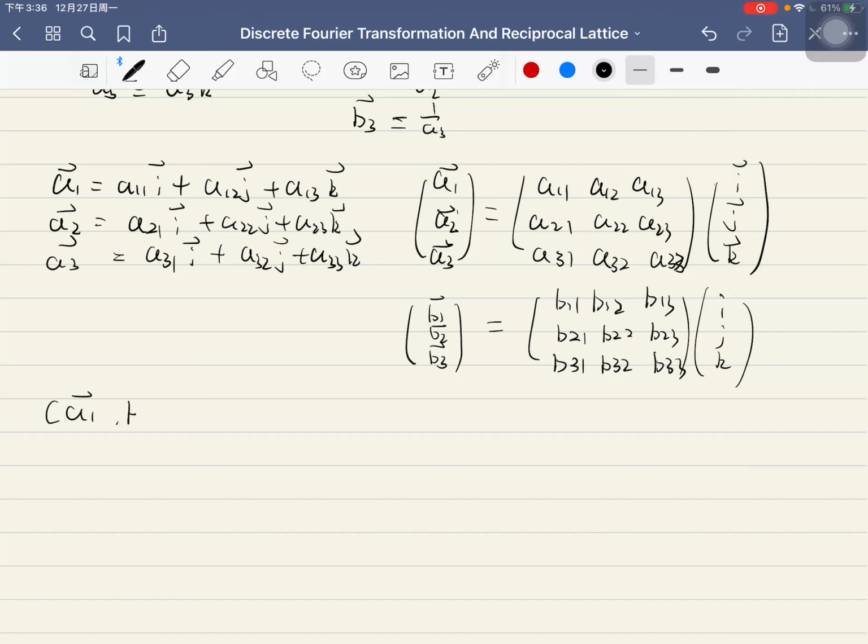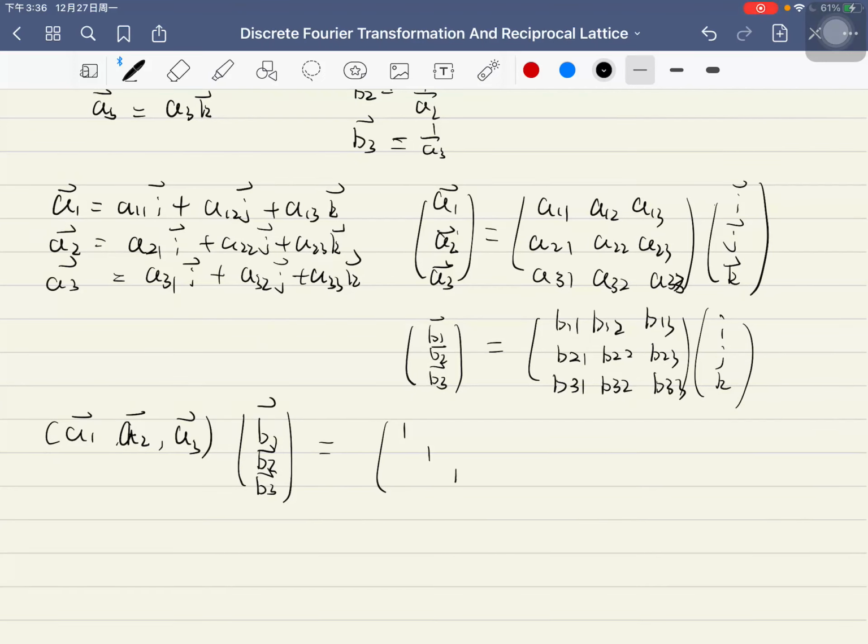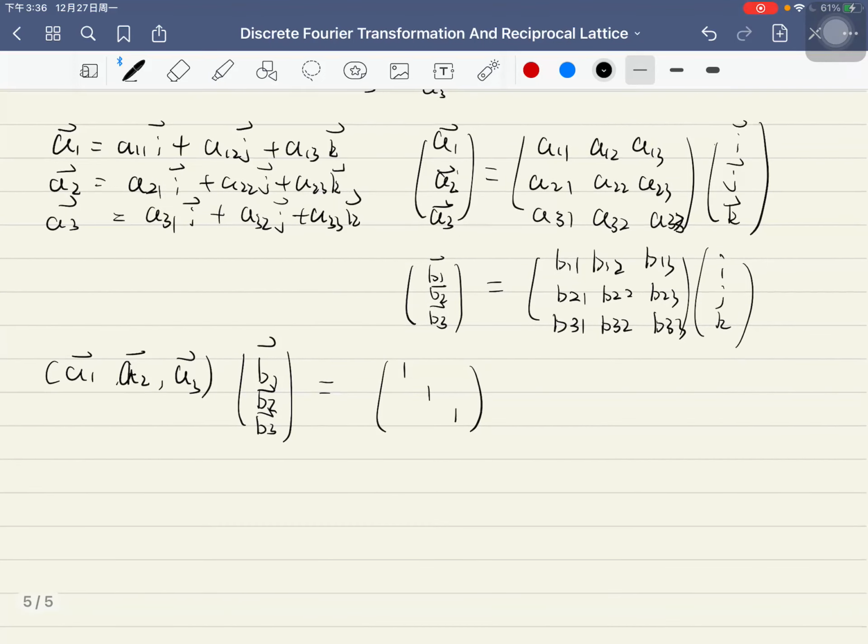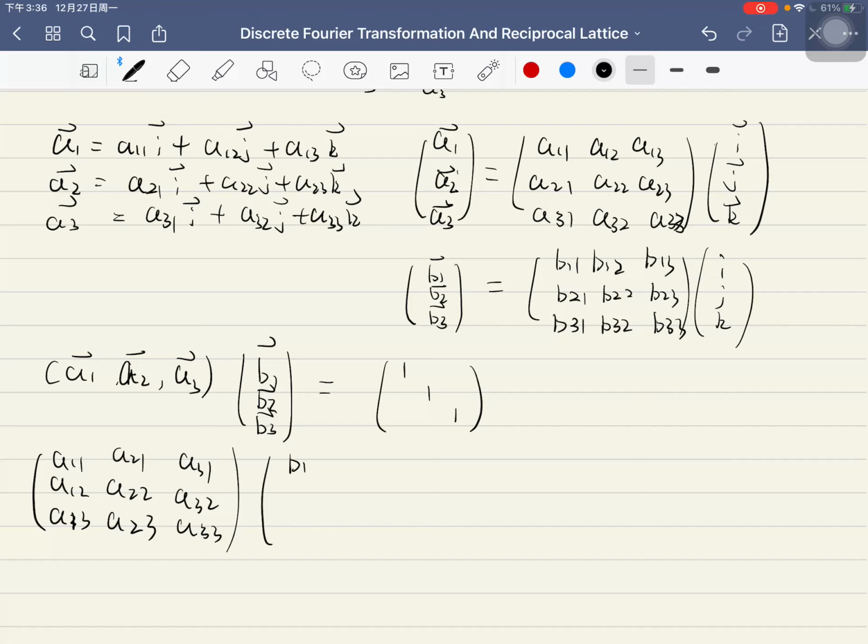A times B transposed equals the identity matrix. So writing A11, A12, A13, A21, A22, A23, A31, A32, A33 equals B.